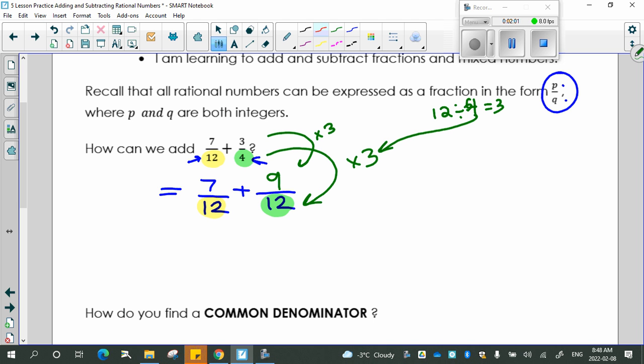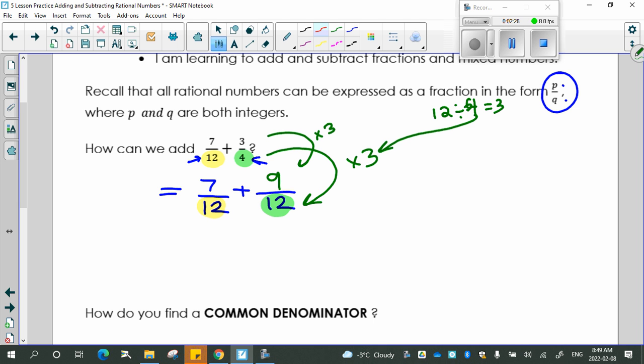So what I want you to do is get your calculator out, and show me decimal-wise that 3/4 is the same as 9/12. So you know in your heart you haven't changed anything, you've just written it differently. If you do 3 divided by 4 on your calculator, what do you get? 0.75.